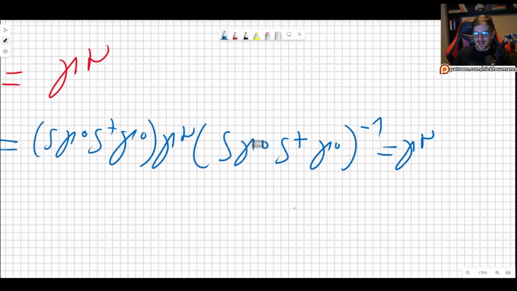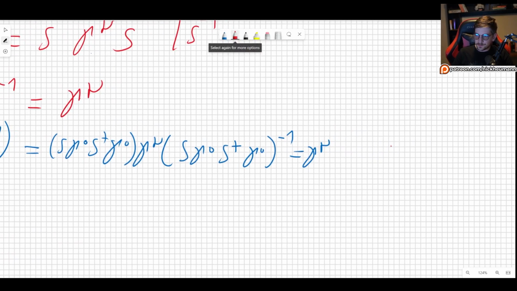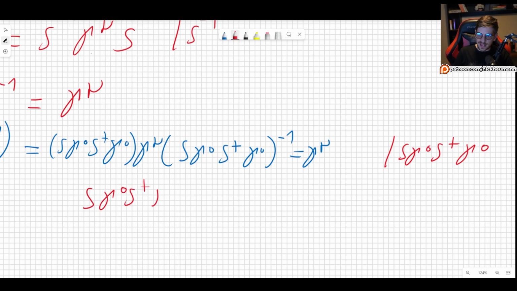We have S gamma 0, S dagger gamma 0, but to the minus 1. So we can now multiply from the right by S gamma 0, S dagger gamma 0. And when we do that, we get S gamma 0, S dagger gamma 0, gamma mu. Let's put a parenthesis there. This is equal to gamma mu, S gamma 0, S dagger gamma 0.